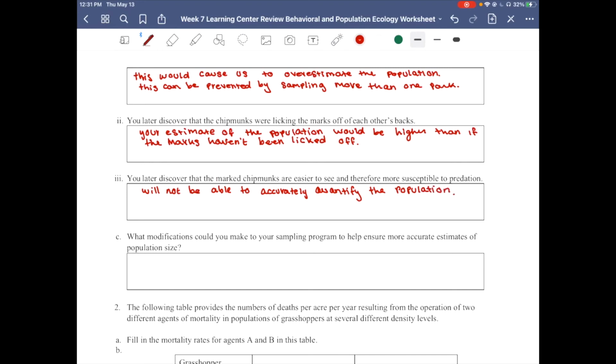All right, and then finally, what modifications could you make to make the sampling program more accurate? So, what do you guys think would make this experiment more accurate? Thinking about what we've talked about and what you previously know about accuracy.